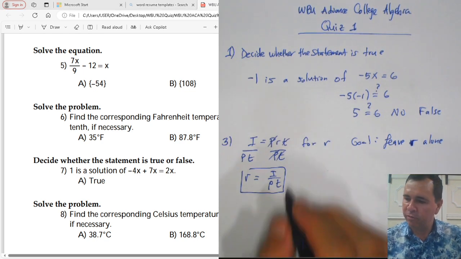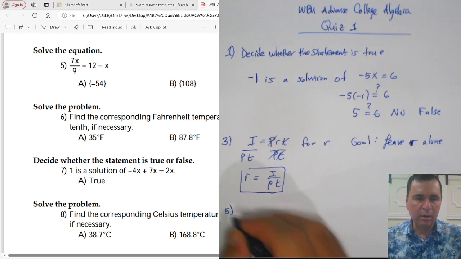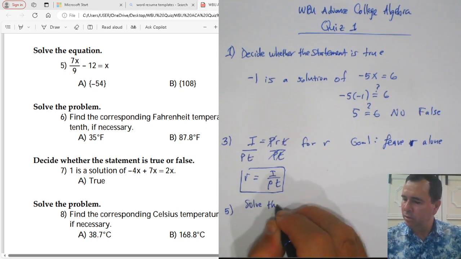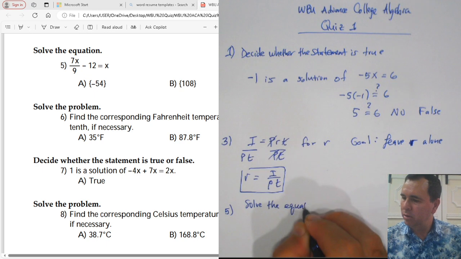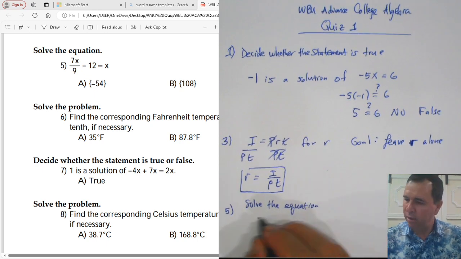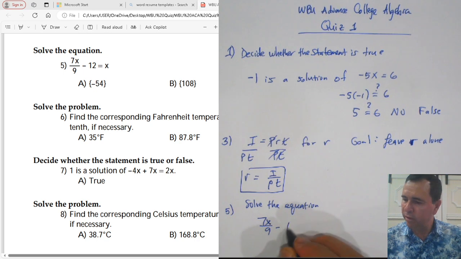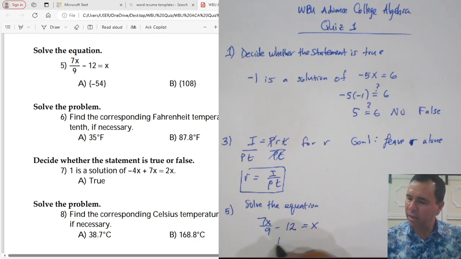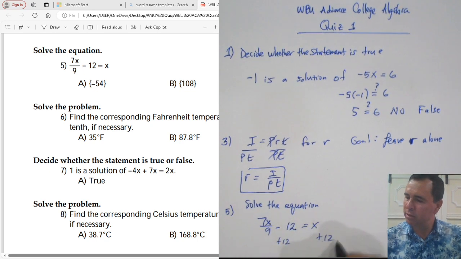So question number 5 says solve the equation. So we got an equation that says 7x over 9 minus 12 is equal to x. So what I'm going to do is I'm going to add 12 to both sides.